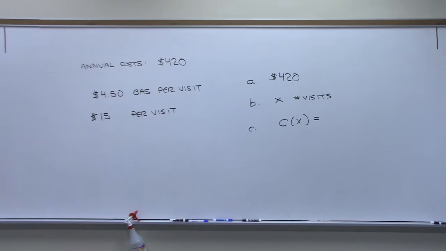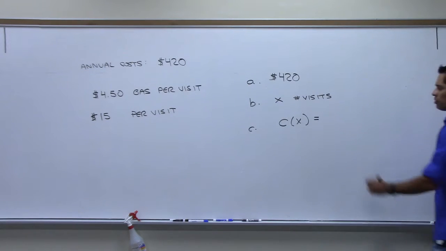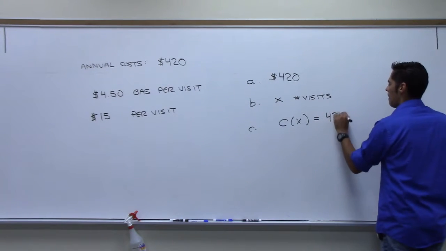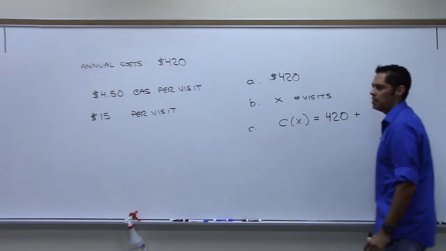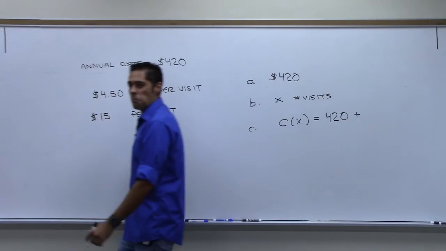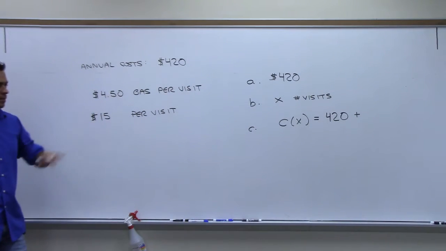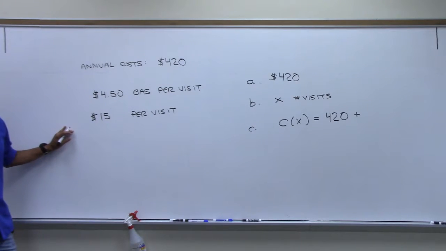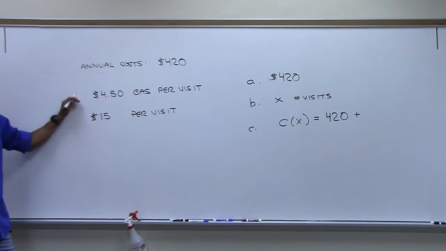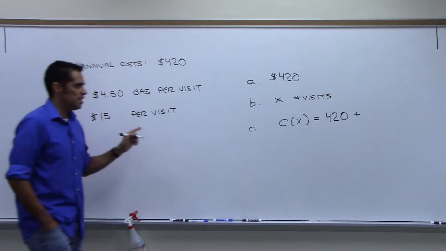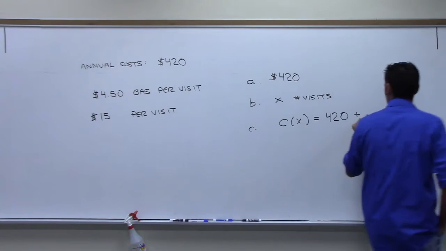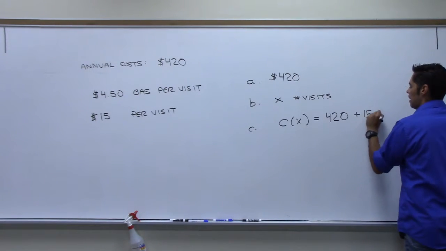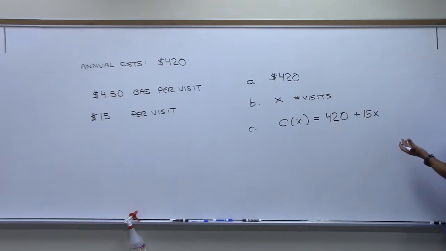What's the fixed cost? 420, so we can put that out here. Plus, now, how do you want to do this? You can do this different ways, but does anyone have an idea of how they want to incorporate it? Minus 4.5x? 15x, so you want me to put plus 15x, because that's money coming in, coming out. We have to be a little careful here.